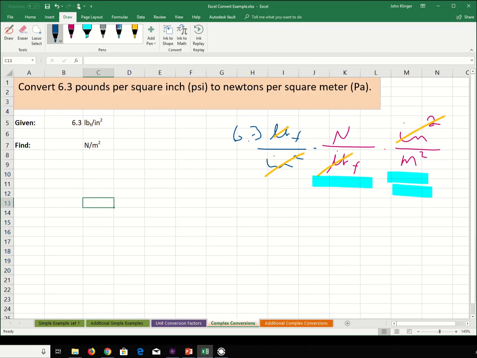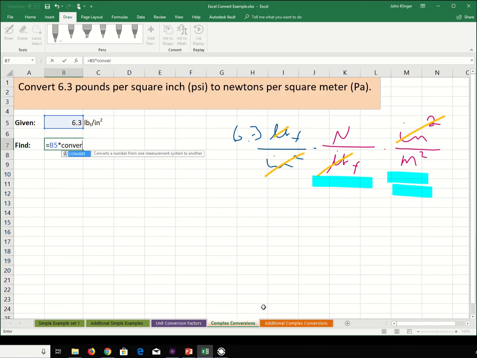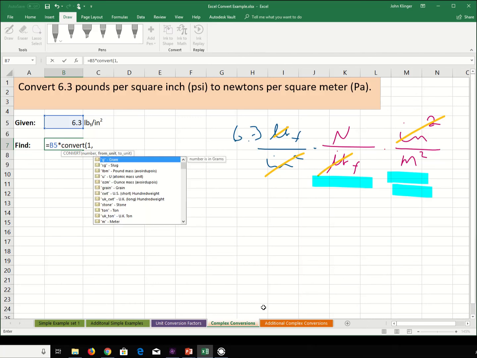I'm going to go to this cell here, type equals, and select that cell. So this is my 6.3, and I'm going to multiply it times my convert function. If I look at my convert function, my number is 1. I want a unit conversion factor. For my first one, I want my newtons in the numerator, which is my last argument. My pound force in the denominator is my second argument.